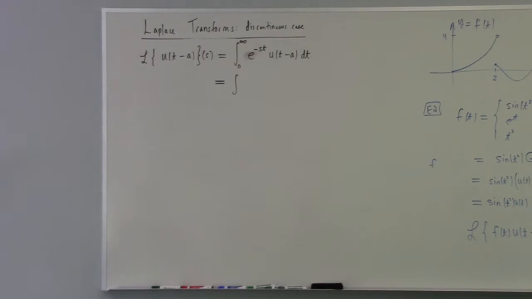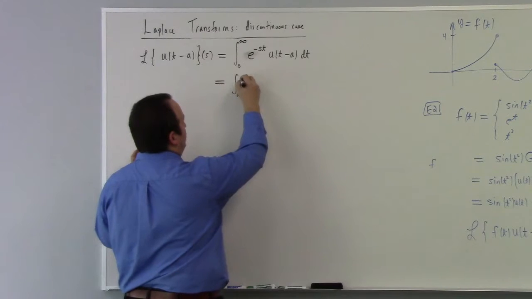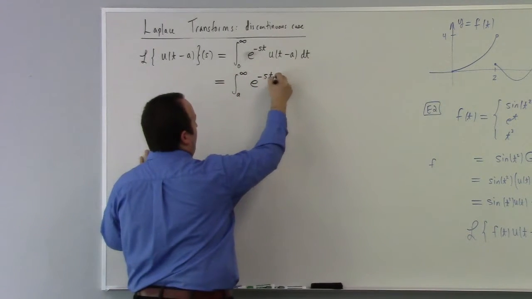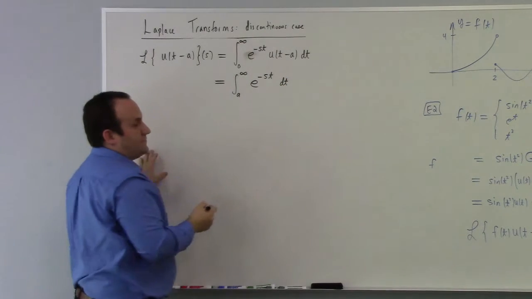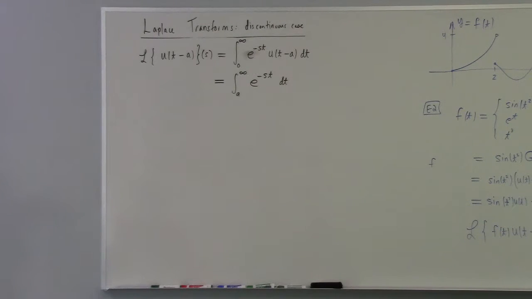So all this really does is change the bounds. It gets rid of time 0 to time a. We can just change this to the integral from a to infinity of e to the minus st dt, because u is 1 from time a to infinity, and it's 0 before that. So you break the integral into cases, and that's all that's left. Does that make sense? Do you guys understand?